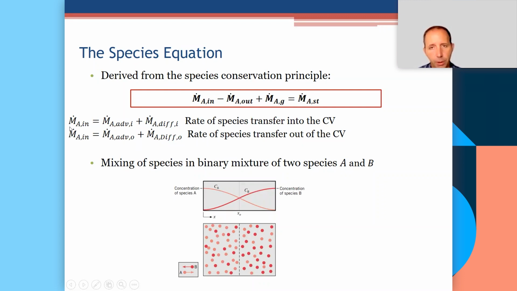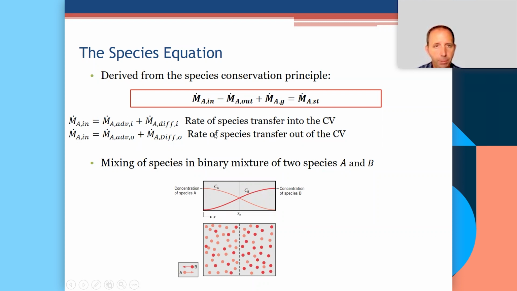The discussion that I just had did highlight the fact that you can have convective, which is also written advective, transport. So you can have rate of input of species A into the control volume by advection or convection, same thing. And you can also have the transport due to diffusion. That's what diff stands for.